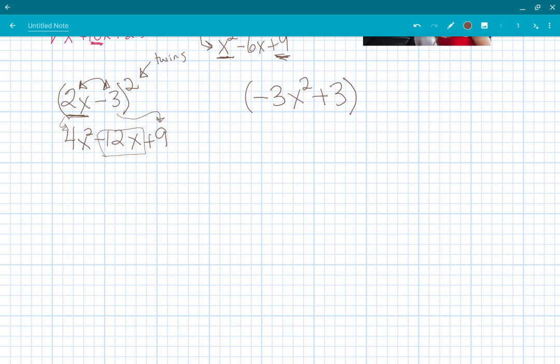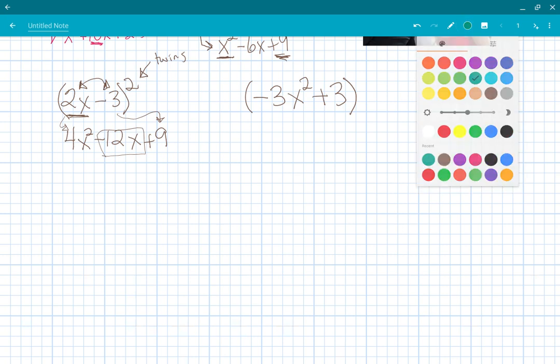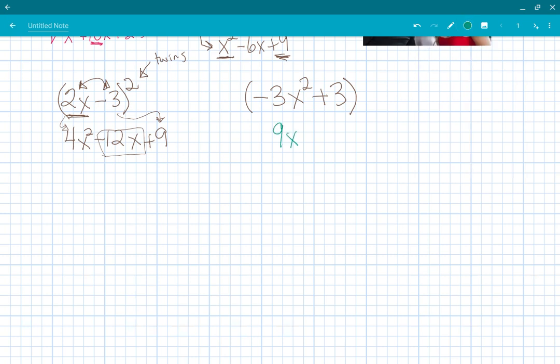Okay, for twins, right? Identical twins. All right, I'm ready to put my answer. Okay. I had to slow down on the middle term.